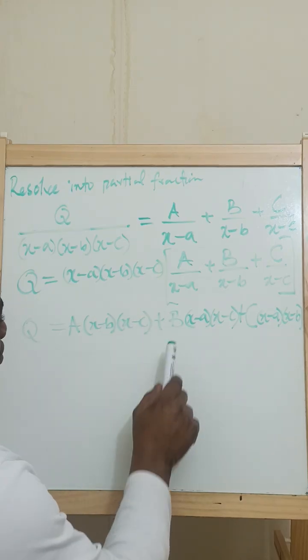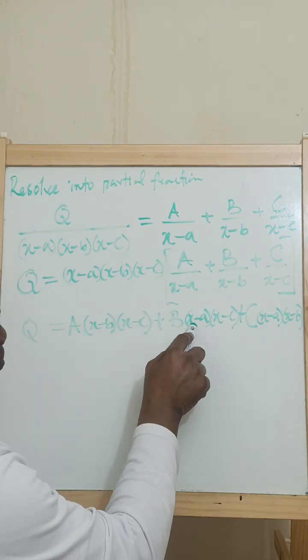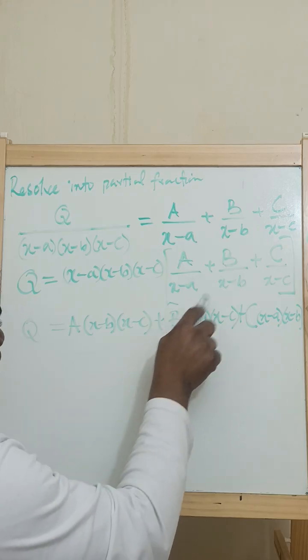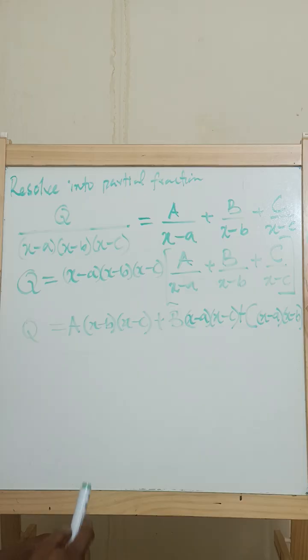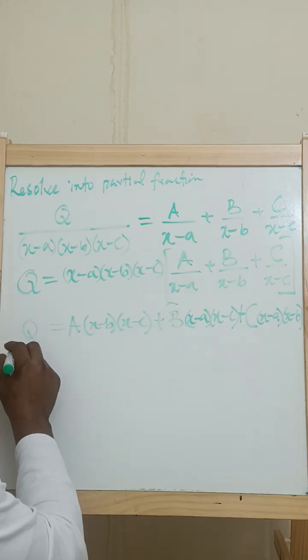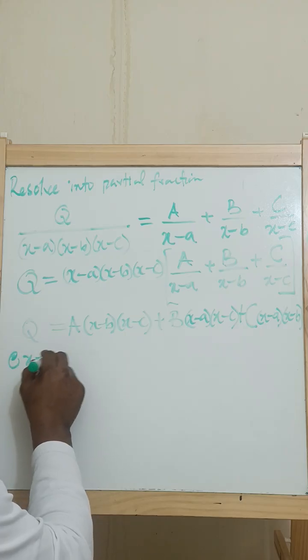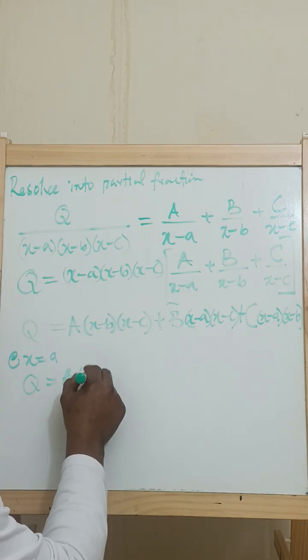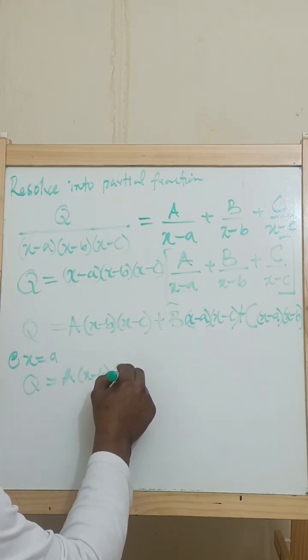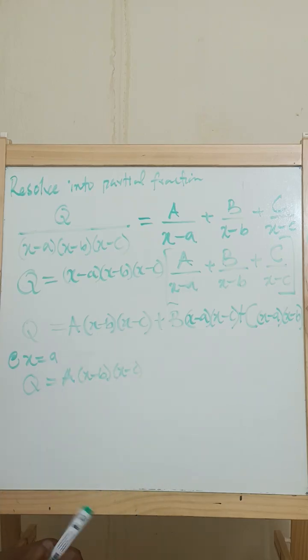If x is equal to a, it will make this equal to 0 and it will make this equal to 0. So at x equals a, Q will become A into x minus b, x minus c.